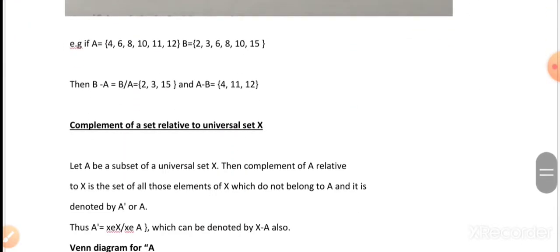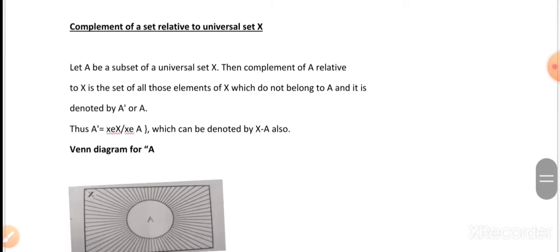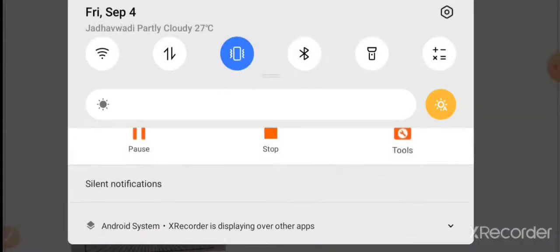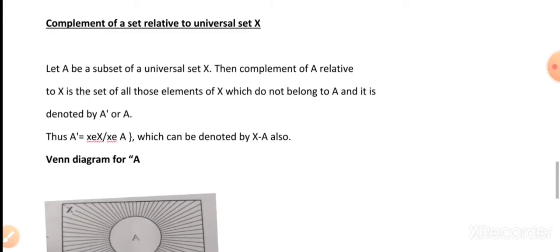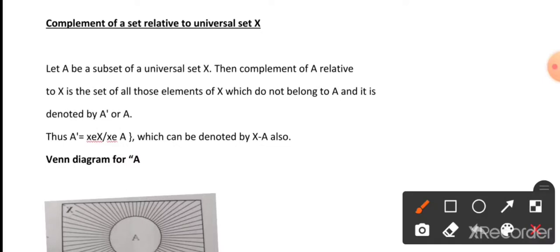Next, complement of a set relative to the universal set X. Let A be a subset of the universal set X. X is the big set and capital A is a subset of X. Then the complement of A relative to X is the set of all those elements of X which do not belong to A, and it is denoted by A dash or A complement.